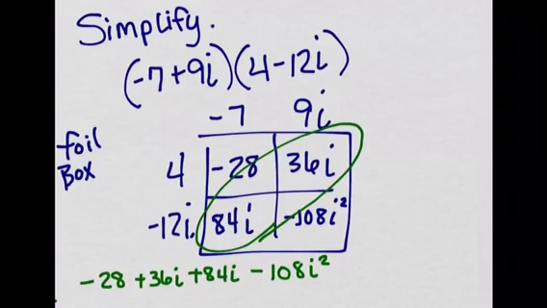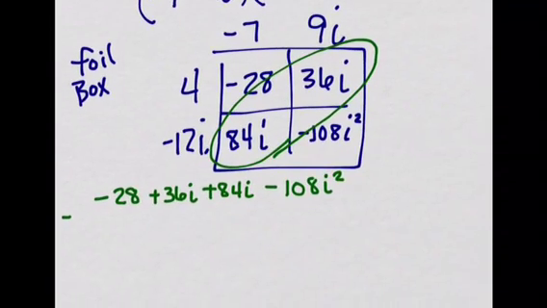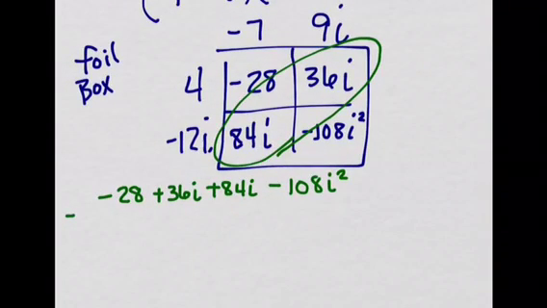Okay, now what I'm going to do, hopefully you have those 4 terms. If not, hopefully you wrote them down. I'm going to combine the like terms that I have here in the middle. 84 plus 36 is 120 i's. And then I know that in this i squared spot, just like the last problem, I need to put in a negative 1.